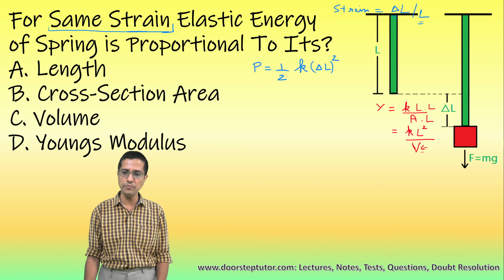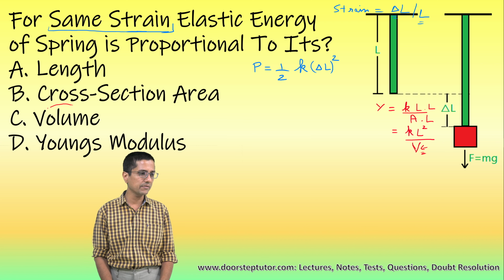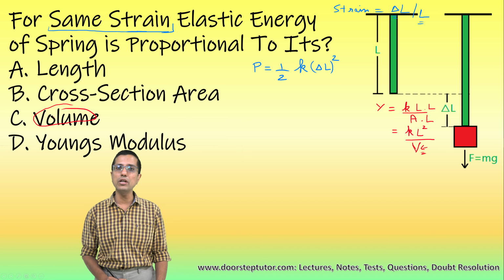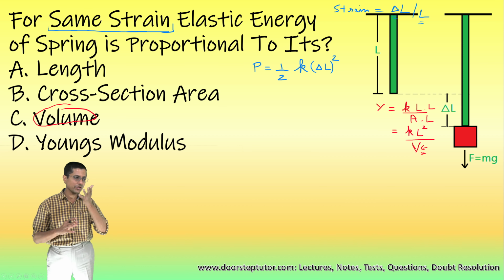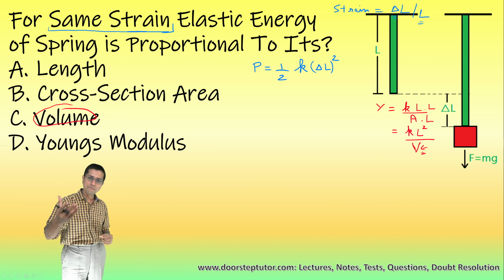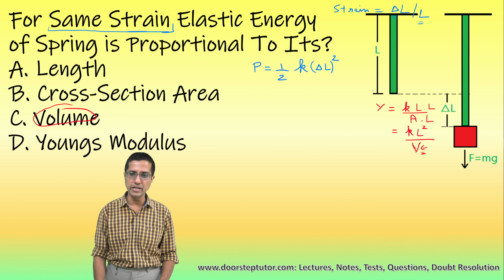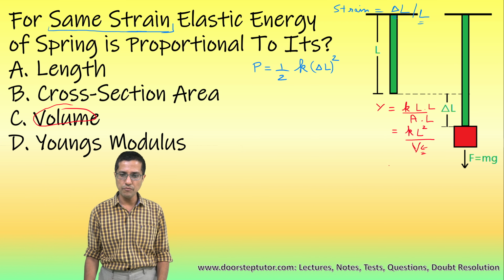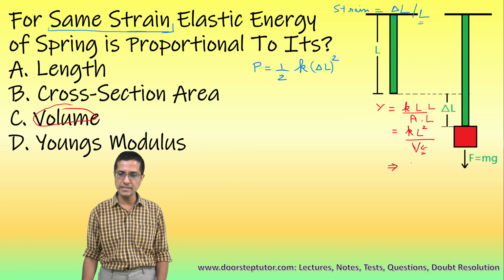Why am I bringing volume into the picture? Because we need to understand the relationship with volume, so we have to bring volume from somewhere. From here, this implies that K is equal to Y, which is Young's modulus, times V by L squared.